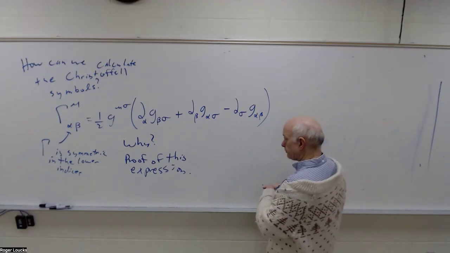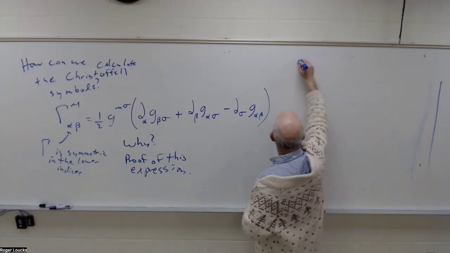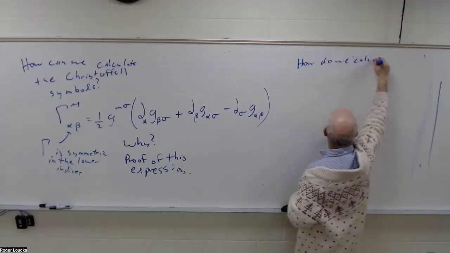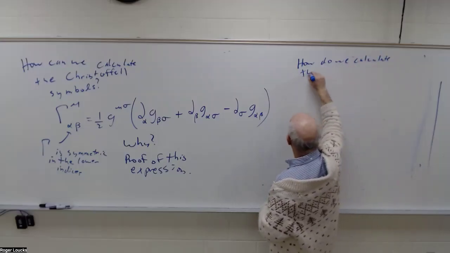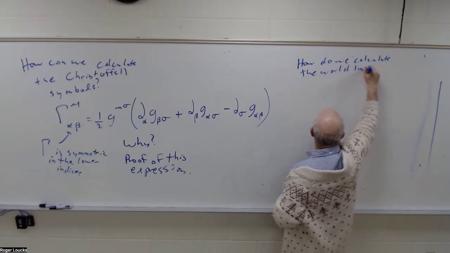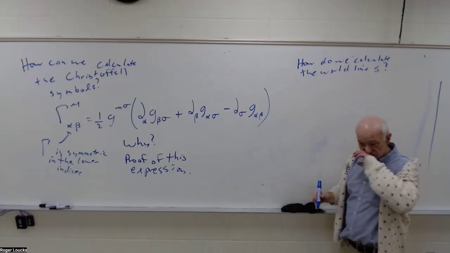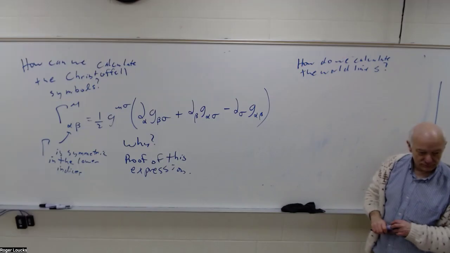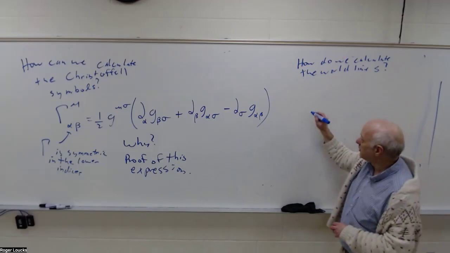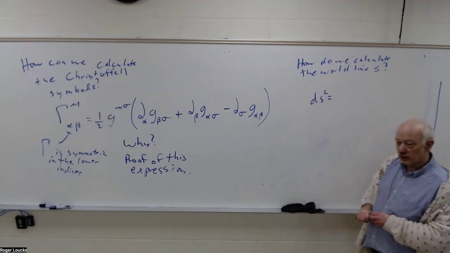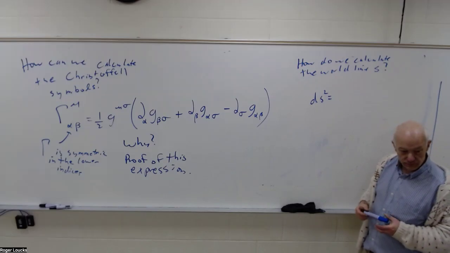The question is, how do we compute the world line S? What do we know about ds? In our general coordinate transformation, how can we write that always?